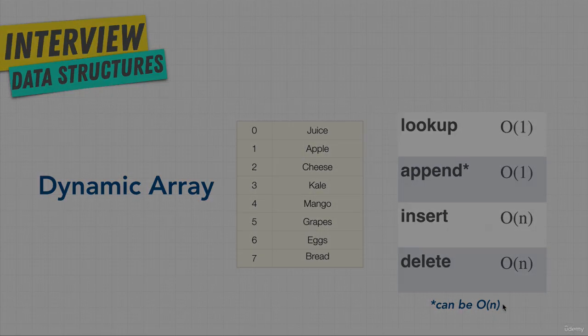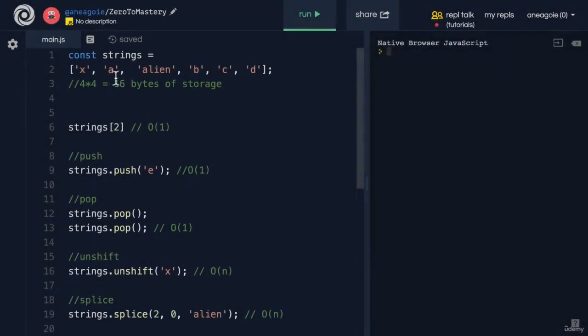Why is that? Well, if we remember our array, and let's remove the extra items here that we don't need.